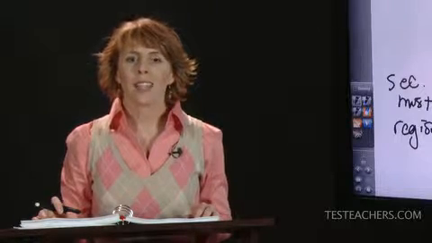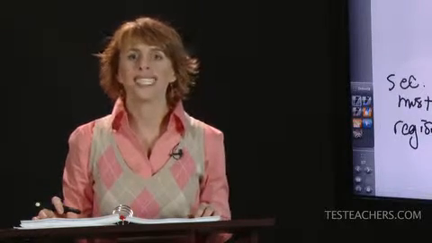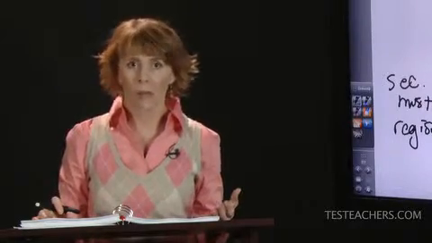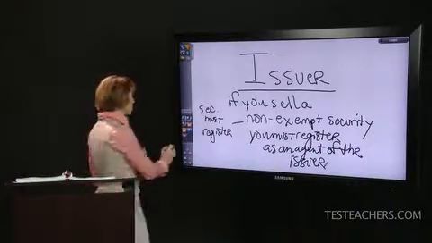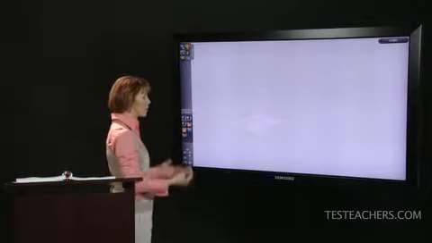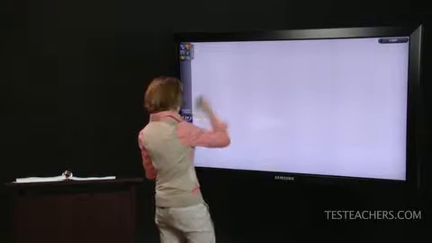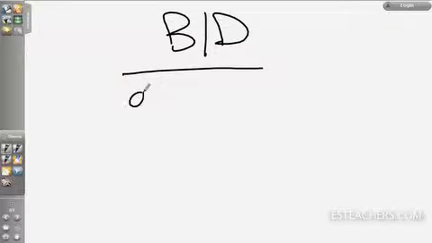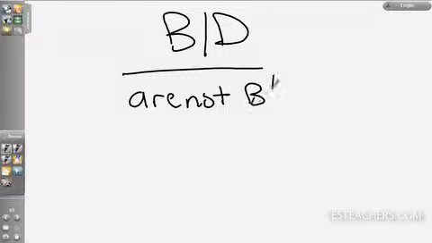The test likes to describe to you who is not a broker-dealer in order for you to be able to tell them who is going to have to register in this state as a broker-dealer. So the following persons are not going to have to register in this state as broker-dealers. They are not broker-dealers.